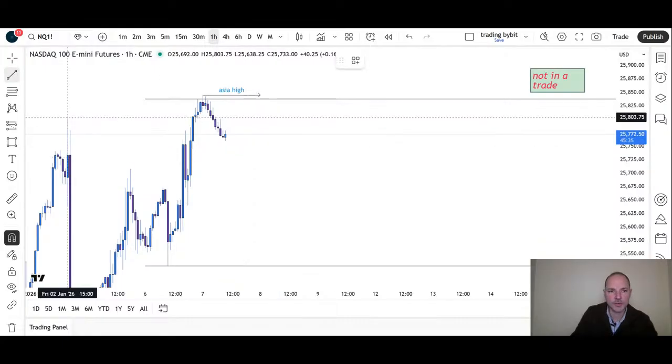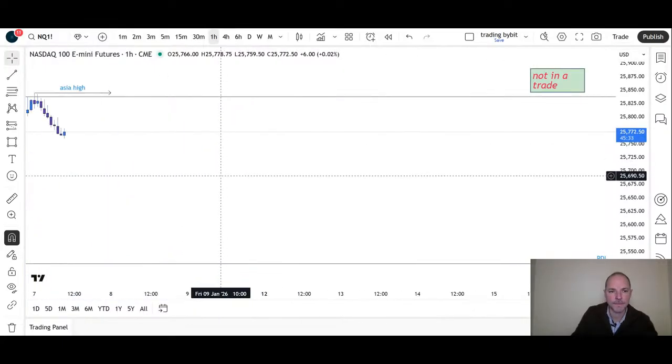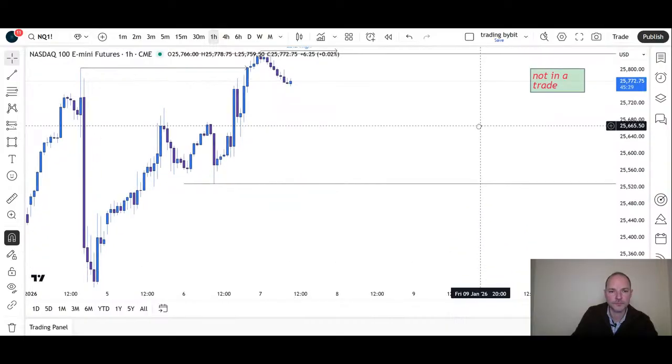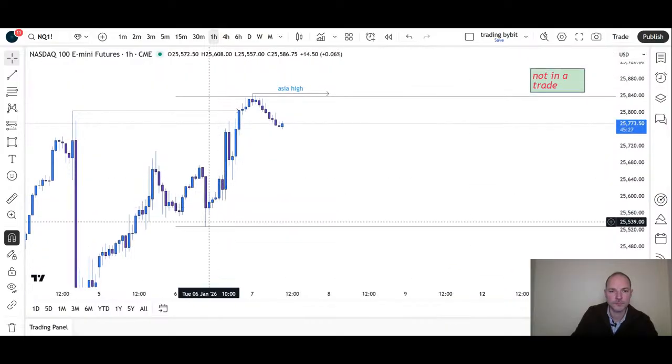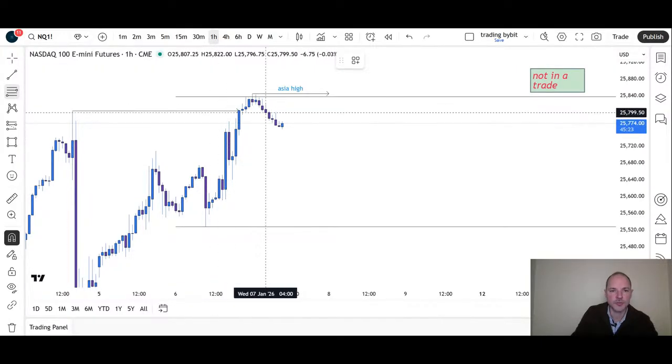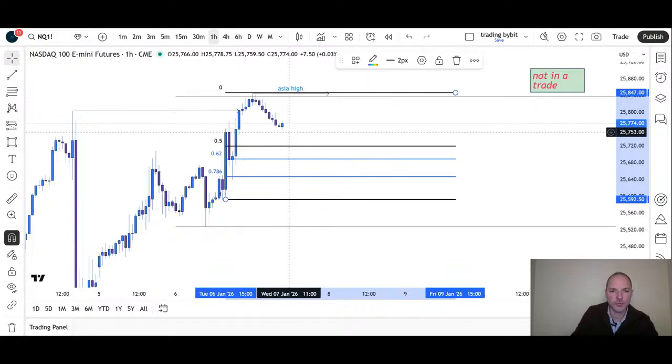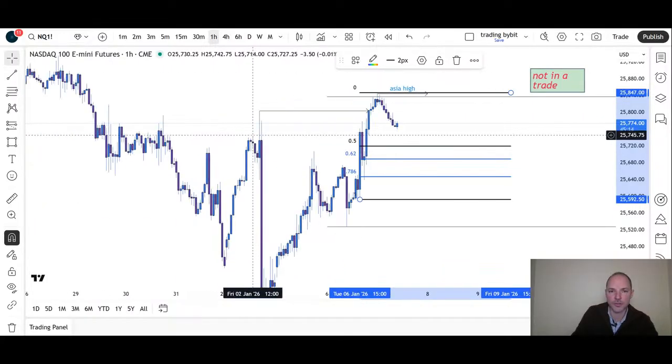If we count this now as a break, so this is the first huge break of structure, then I would say this was the impulsive move. So we could come back to that 50 level right here. If we hit this level somewhere, I'm definitely longing this back at highs.